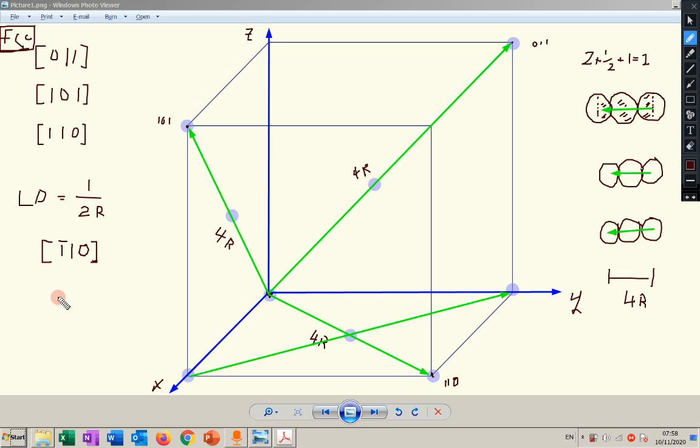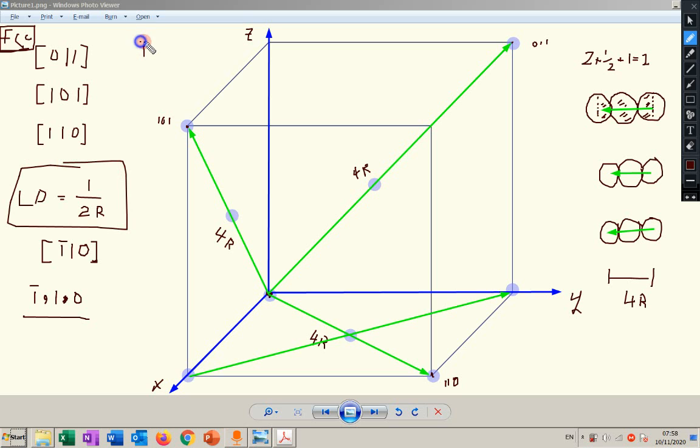So you realize that if you have a combination between minus 1, 1, 0, in a way that there will be 2, 1, 1, 0. The minus doesn't matter. So I can find many more family members that have similar linear density.